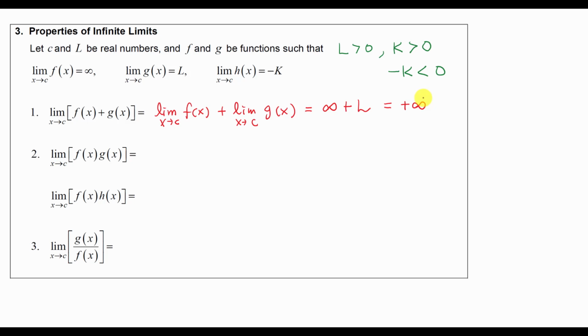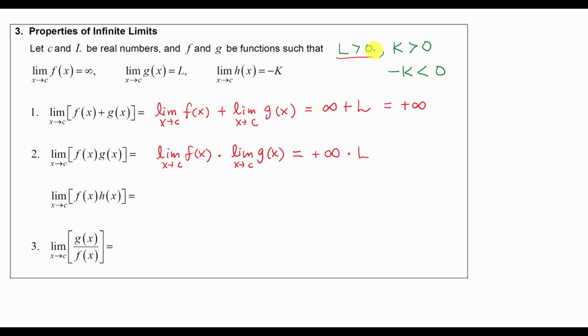Now, what would happen with the limit as x approaches c of f of x times g of x? We also learned that the limit of a product of two functions is equal to the product of the limits of the two functions. So the limit of f of x times the limit of g of x is equal to, well, the first limit is a positive infinity and the second limit is given to be L, and L is a positive number.